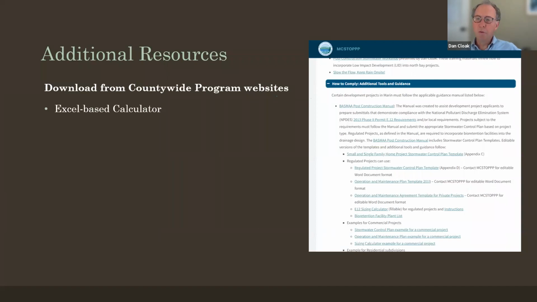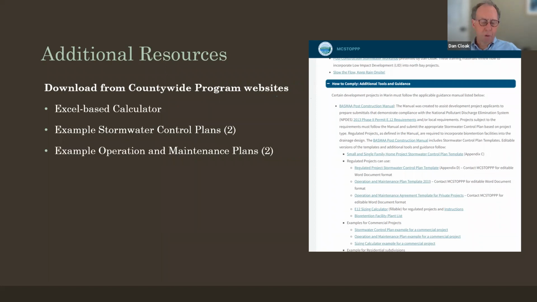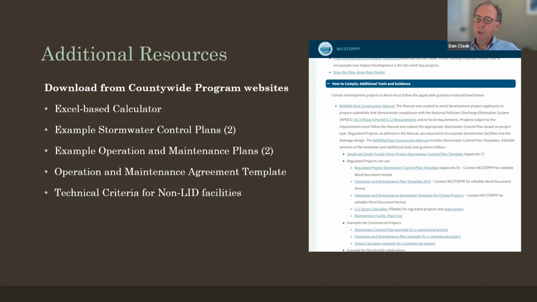It doesn't have to be used, but it can be a pretty useful tool. There's example stormwater control plans, one for a commercial site and one for a small residential subdivision. There are example operation and maintenance plans that go with those same example projects. There's a template for an operation and maintenance agreement.